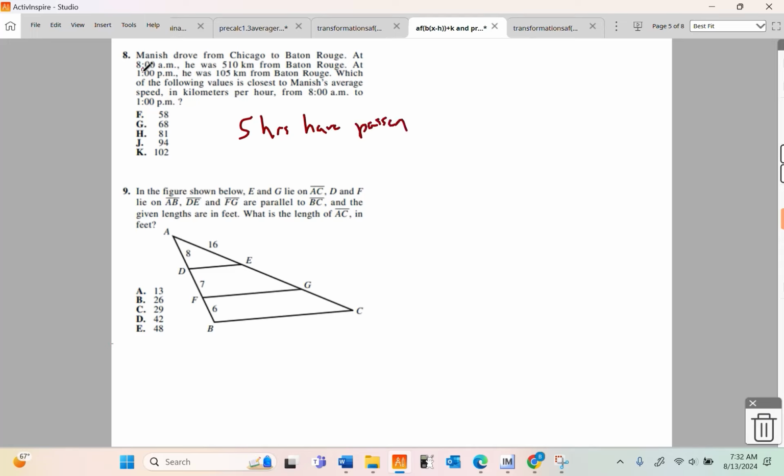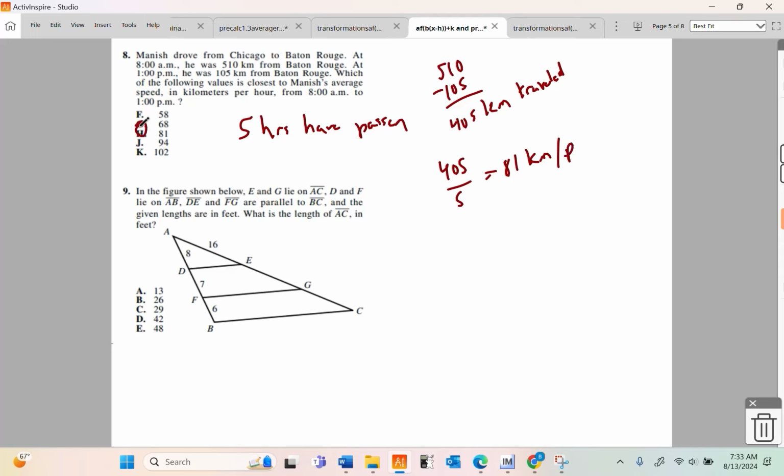The distance is 510 minus 105. Okay, old school. It looks like 405 kilometers traveled. So we're just going to take 405 and divide it by 5, and he was moving pretty good. That's 81 kilometers per hour.